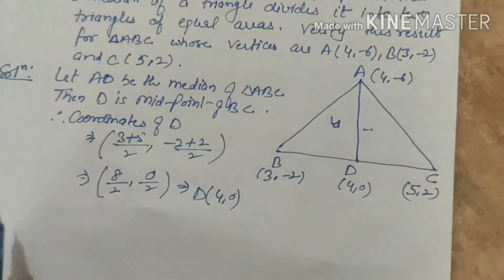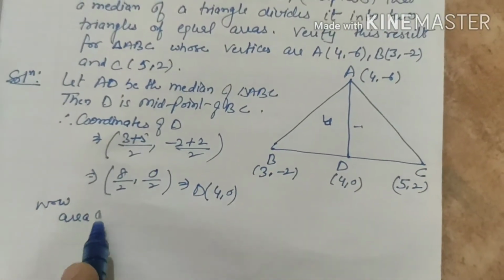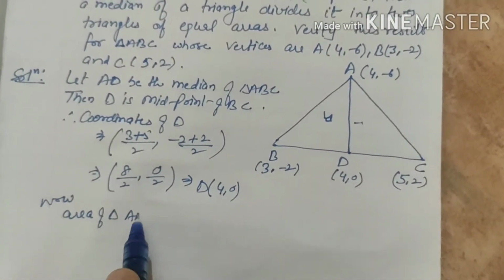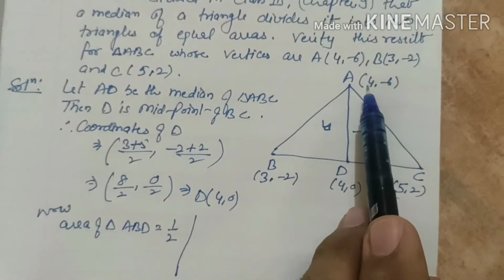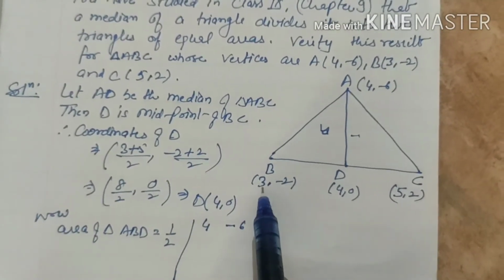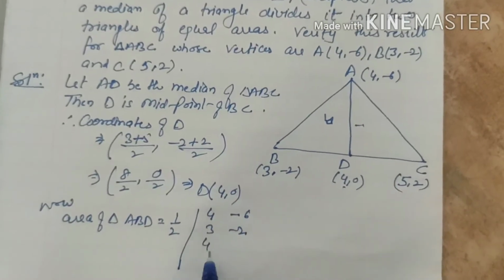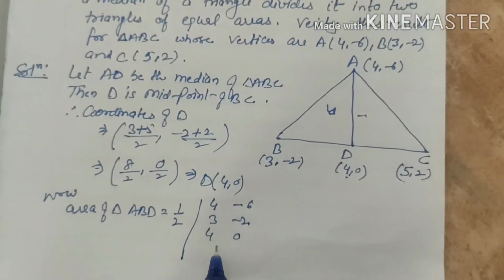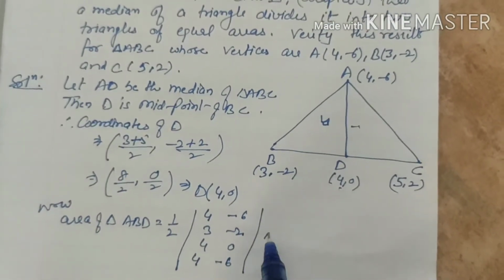So we will find the area of the triangle. We can say now the area of triangle ABD will be 1 by 2 into x1 y1, so 4 into -6, then x2 y2, that is 3, -2, and x3 y3, that is 4, 0. You can see, and in the end we will repeat x1 y1, so this will be 4 and -6 square unit.